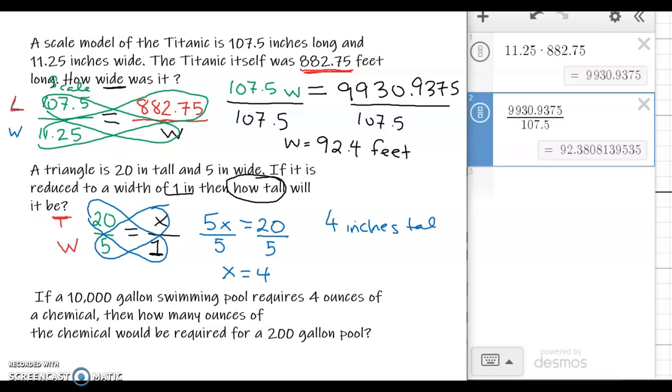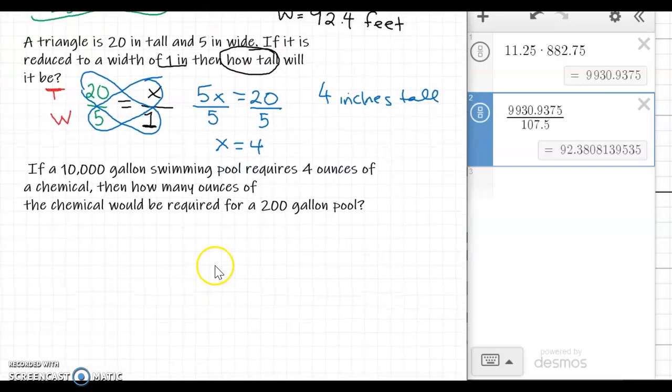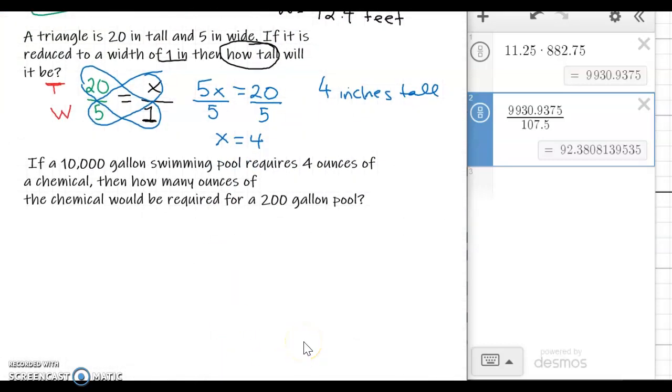All right, so let's look at one more here, just to make sure we are good. If a 10,000 gallon swimming pool requires 4 ounces of a chemical, then how many ounces of the chemical would be required for a 200 gallon pool? Same deal here. In our first sentence, we get our first fraction.